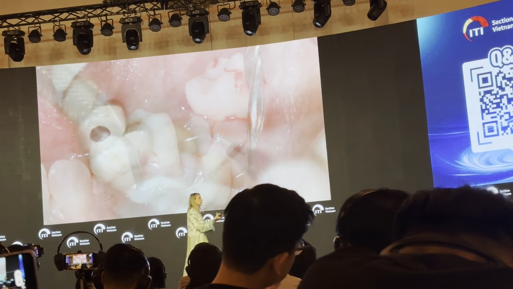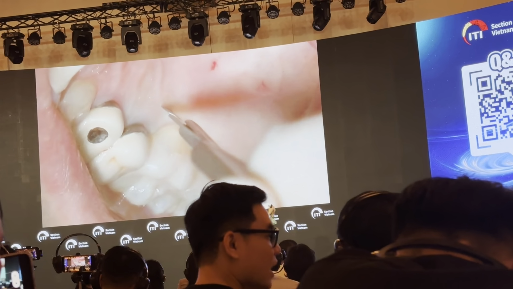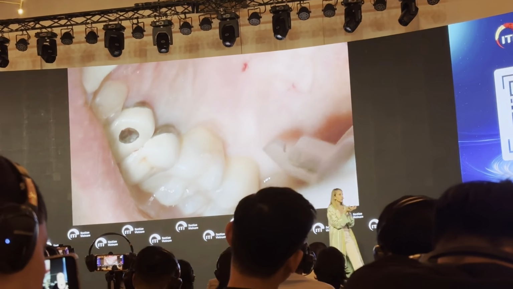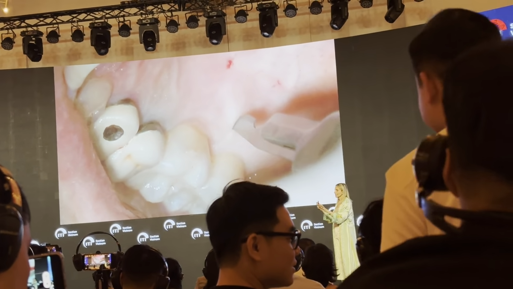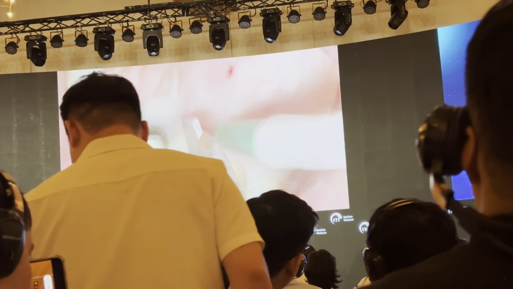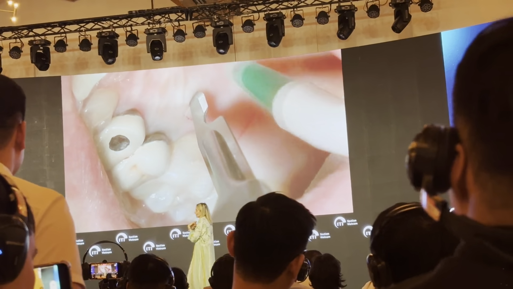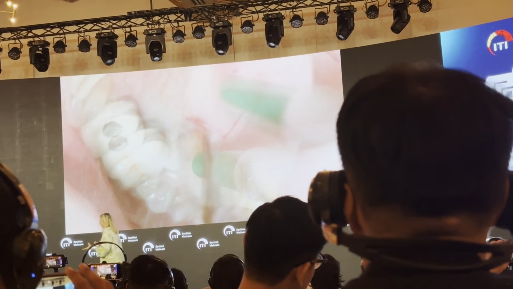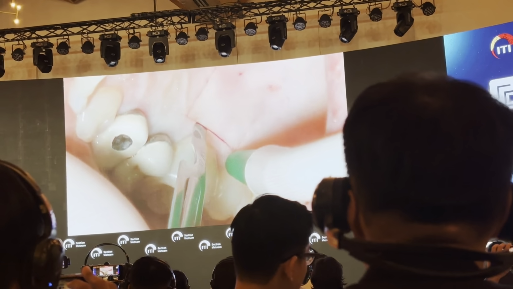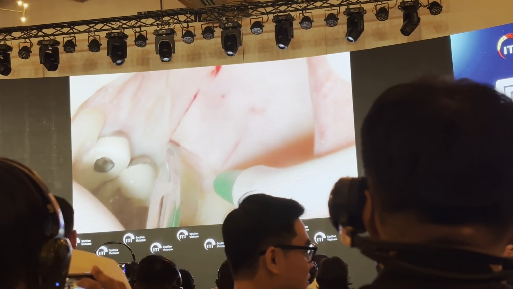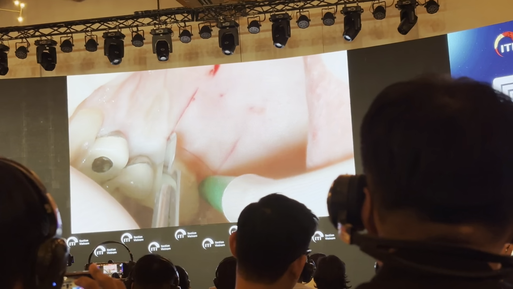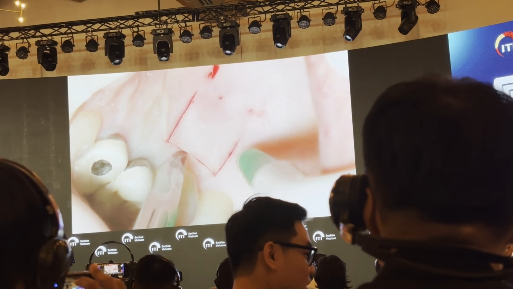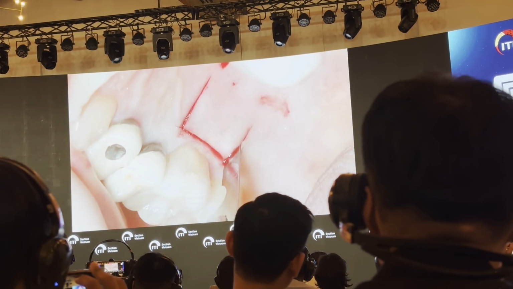So the soft tissue will be coronally advanced and will remain in that position thanks to the increase in thickness. So we are not worried about the possible exposure of the implant thread, because the thickness will never shrink in an apical direction.